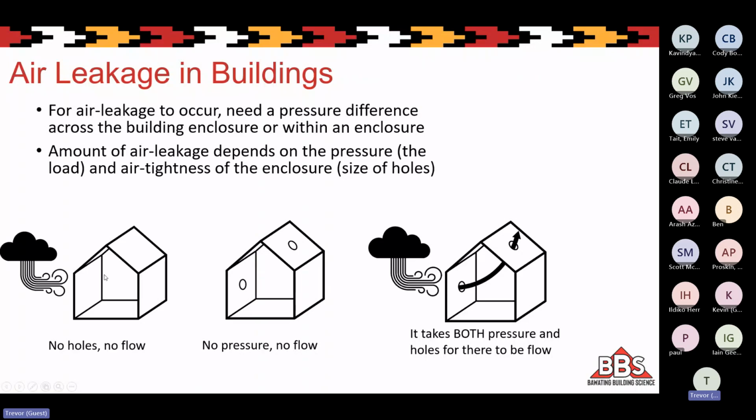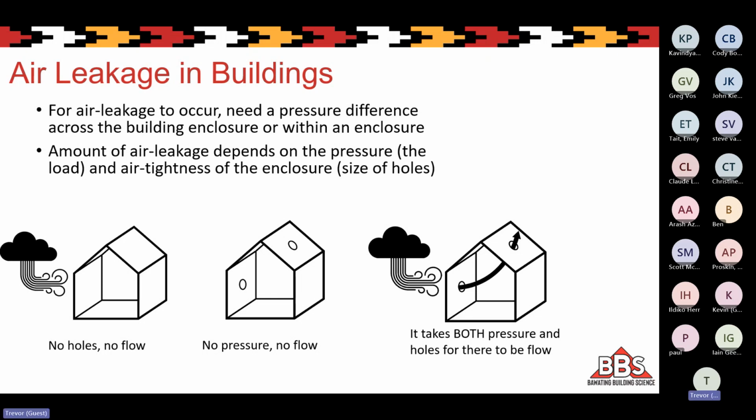If we have no pressure, we'll have no airflow. But in reality, the buildings we build do have holes in them, whether we like it or not, and nature tells us that we always have pressure differences. We'll talk a bit more about that and how they affect airflow in buildings. But it's important to know that we need both of those things, a pressure difference and a hole, in order for airflow to occur, not just from inside to outside, but also within the attic, which we'll talk about.